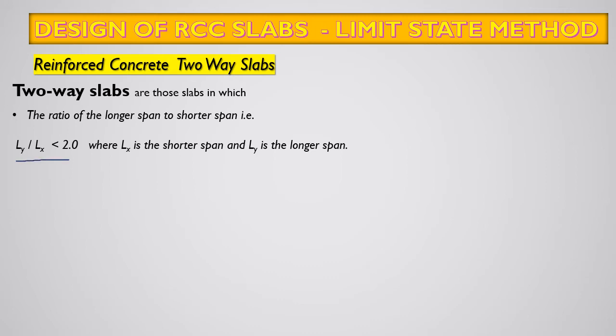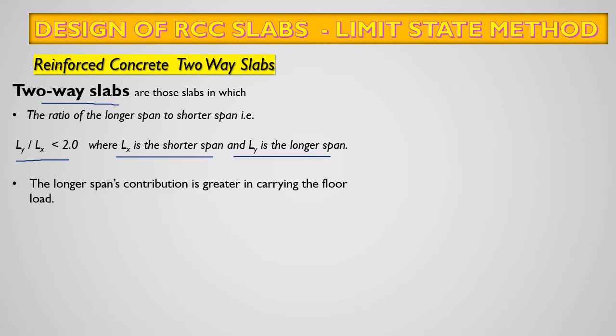So Ly here we will be taking as the longer span length, Lx is taken as the shorter span length. We have to take the ratio, that is known as span ratio, and that span ratio should be less than 2. It may be more than 1, it may be 1.5, 1.8, something. So when this type of slab we have to design, that will be coming under the terminology that is two-way slab.